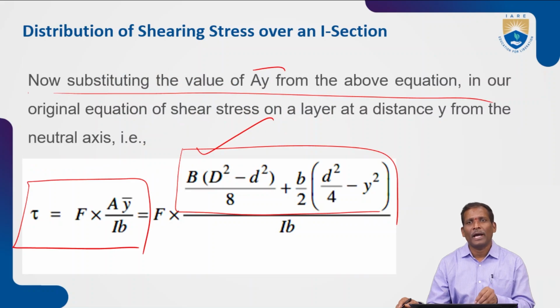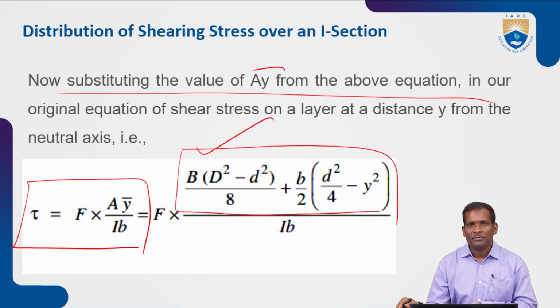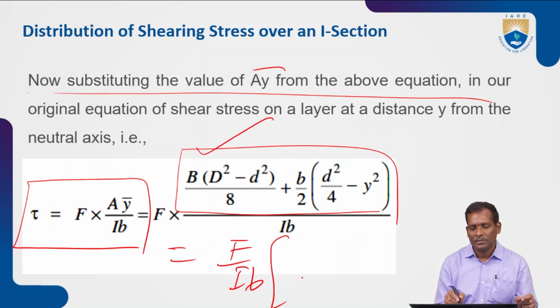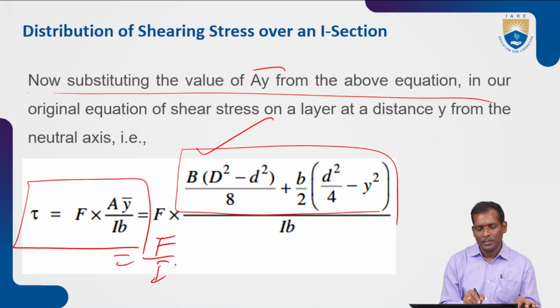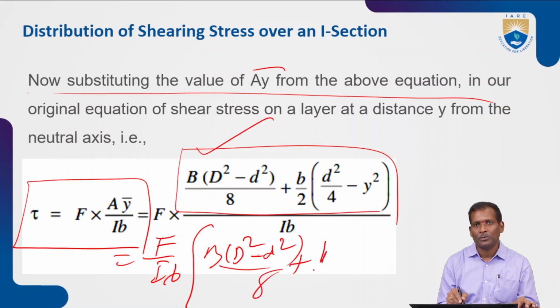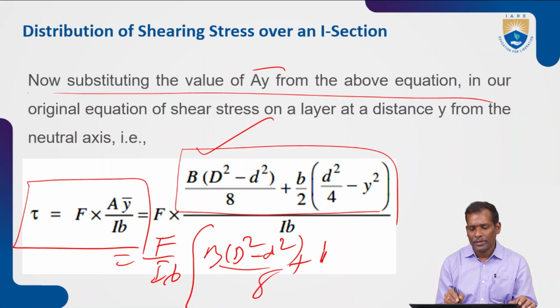Already we have calculated in a previous step, so this is A y bar. So force multiplied with A y bar by Ib. So the F by Ib, take common, take outside here. So the remaining is B into D square minus small d square by 8, plus small b by 2. So you can write here B D square by 8 minus small b y square by 2.